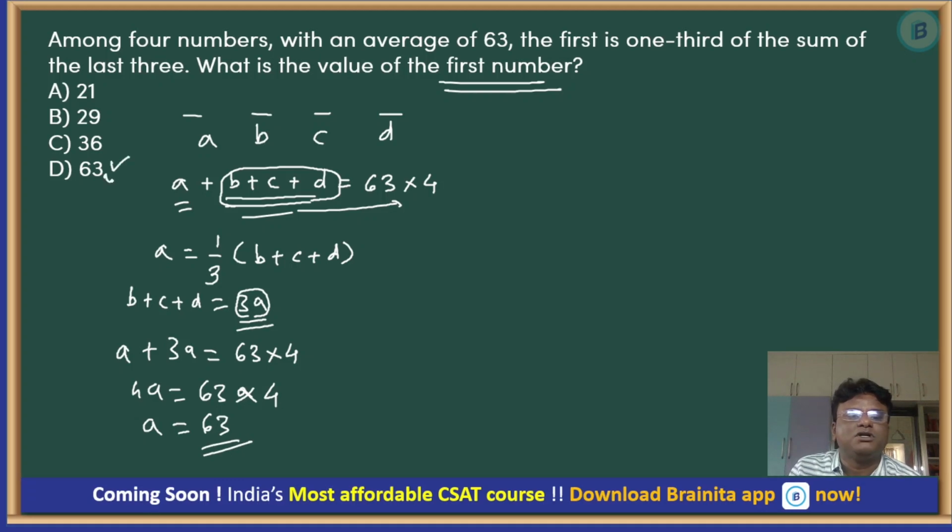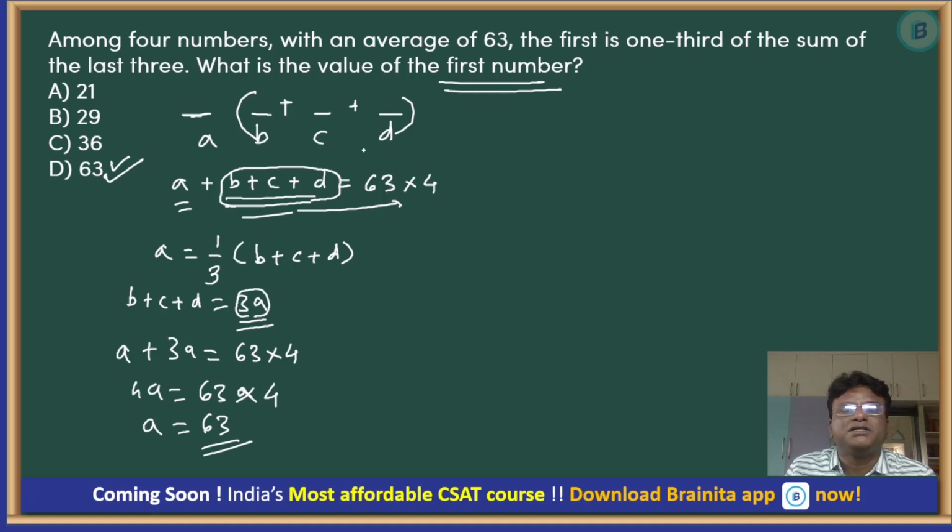It is a simple, straightforward question. But again, I want you to think: there are four numbers, and the average of these numbers is 63. The first one is 1/3 of the sum of the last three. What is the average of B, C, D?